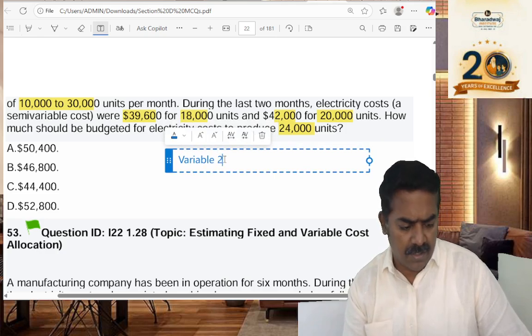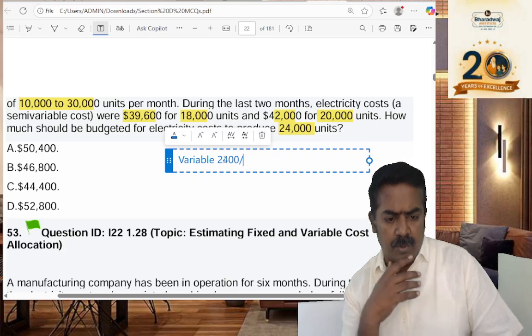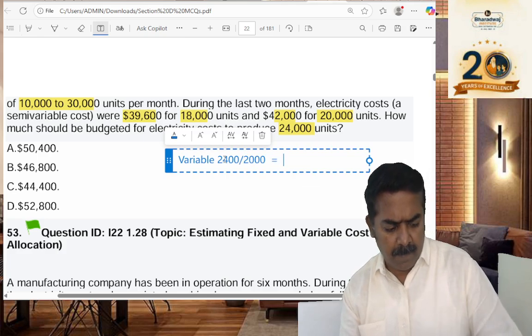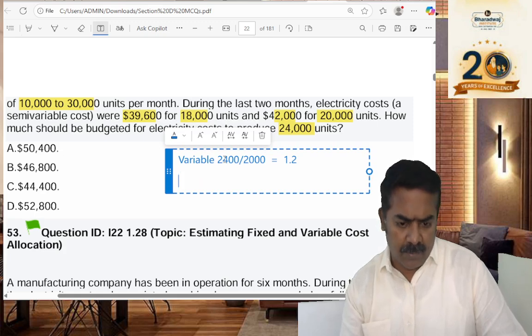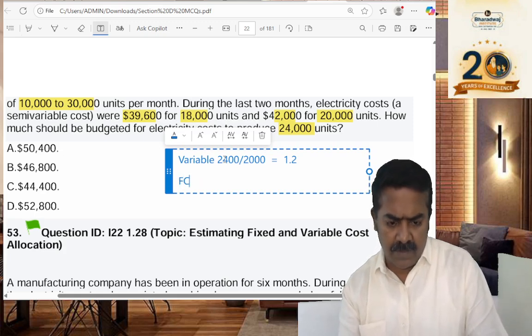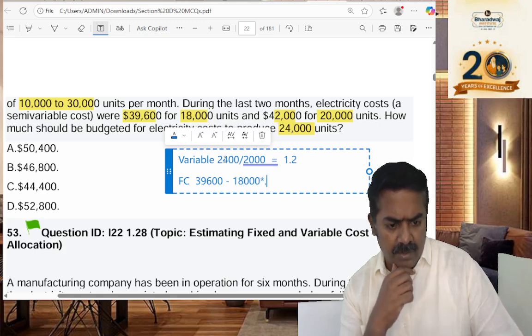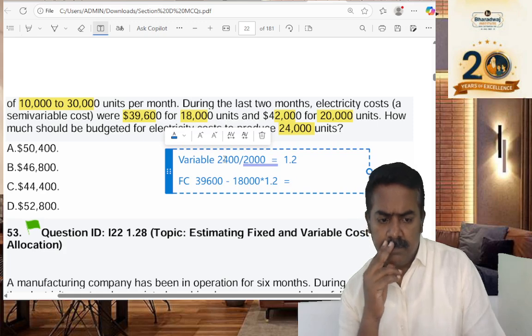What is change in the cost? 2,400 divided by 2,000. What is it? 1.2. Okay. From that how to find out fixed cost? From 39,600, eliminate variable portion. 18,000 into 1.2 will give us fixed cost. 21,600.